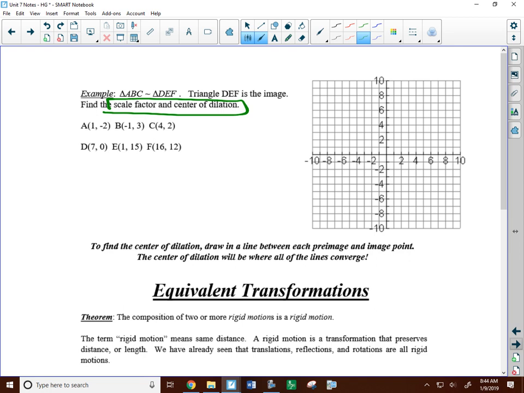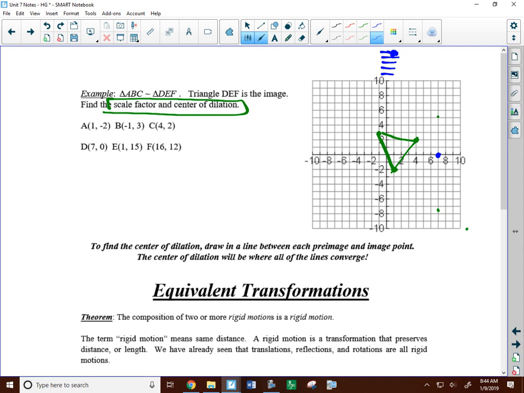All right, so we gotta plot both of these. 1, negative 2. Negative 1, 3. 4, 2. 7, 0. 1, 15. Yeah, sorry about that. This one. Sometimes they get these the way I want.